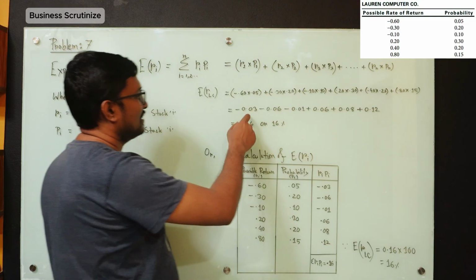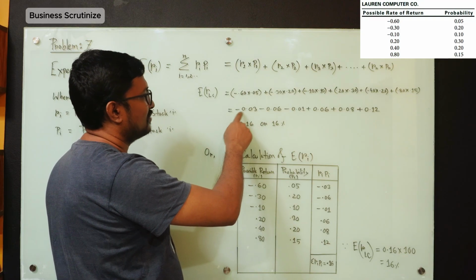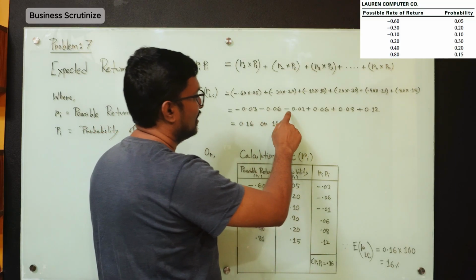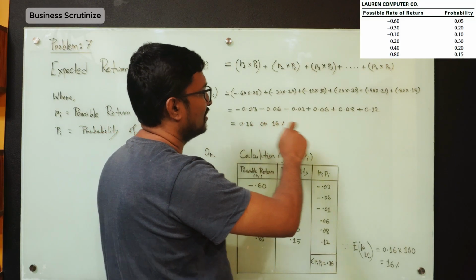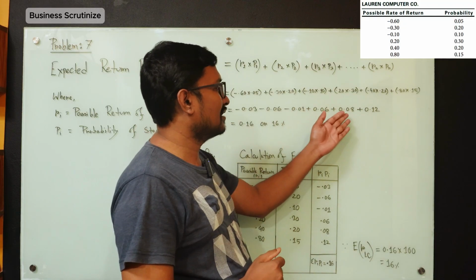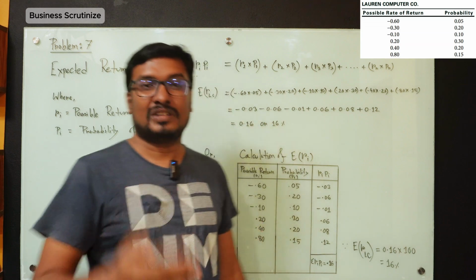Here you can see that we have computed using our calculator. The first one is minus 0.03, then minus 0.06, then minus 0.01, and then plus 0.06, then plus 0.08, and lastly 0.12.